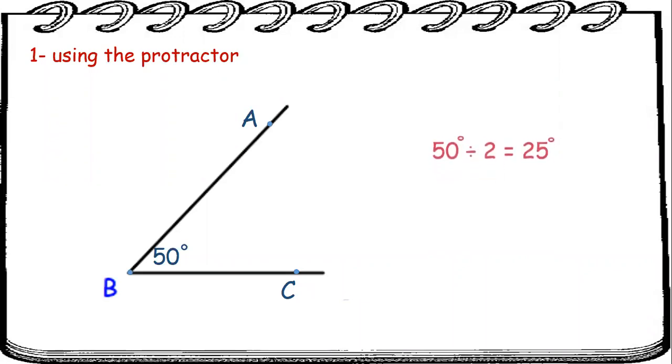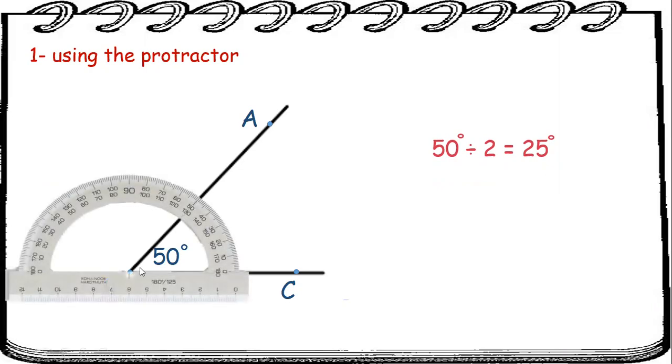So we divide 50 degrees by 2 and we get 25 degrees. So the bisector should divide this angle into two equal adjacent angles and the measure of each of them is 25 degrees.